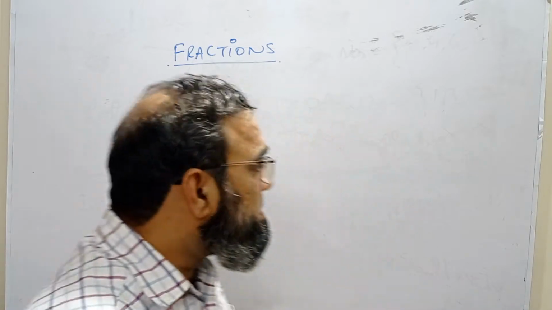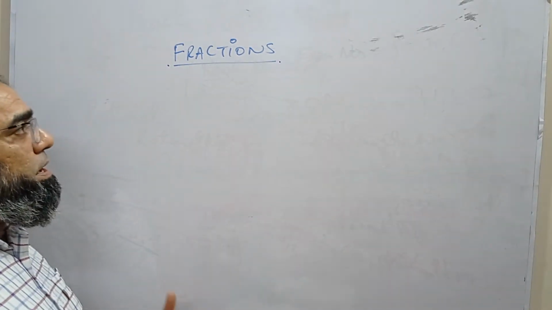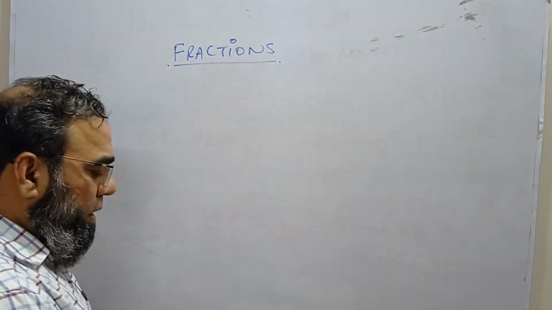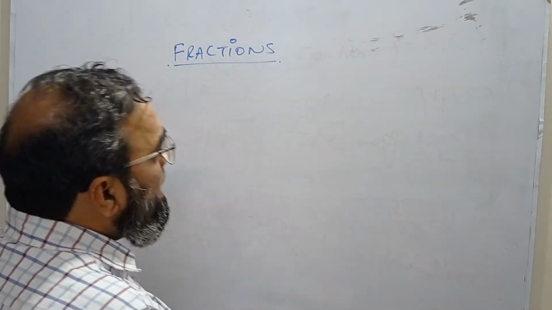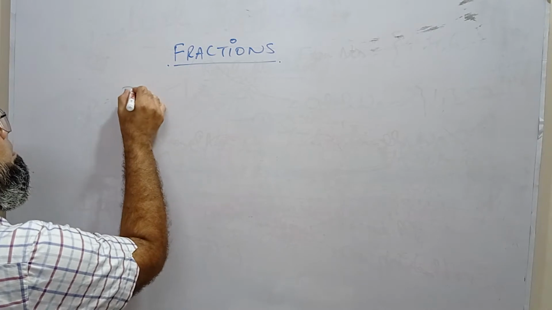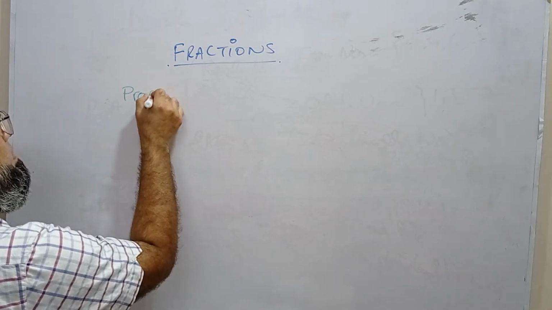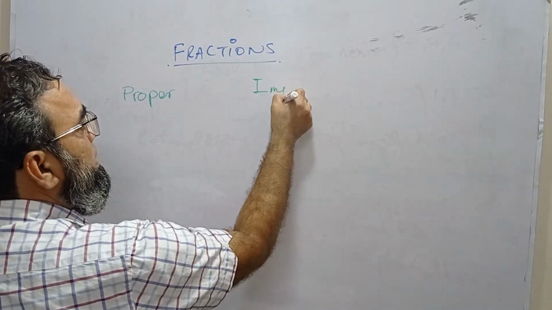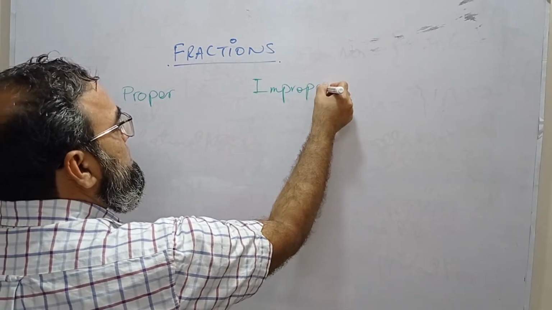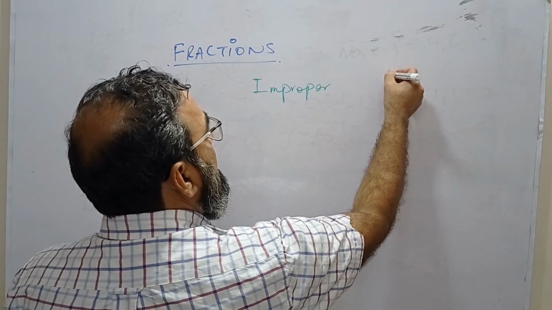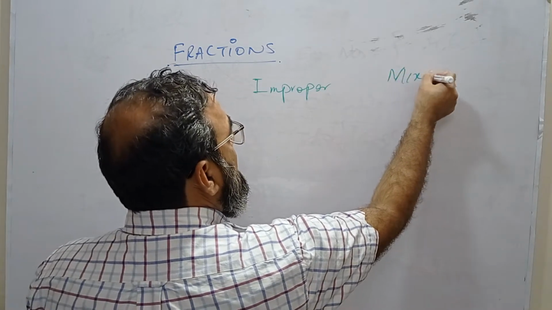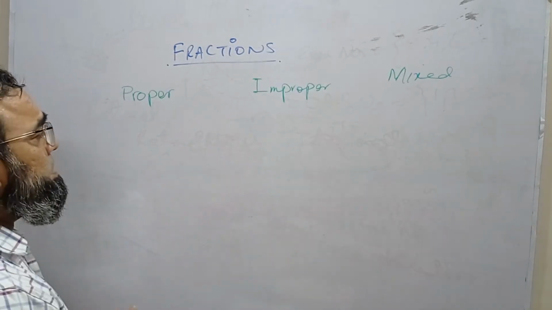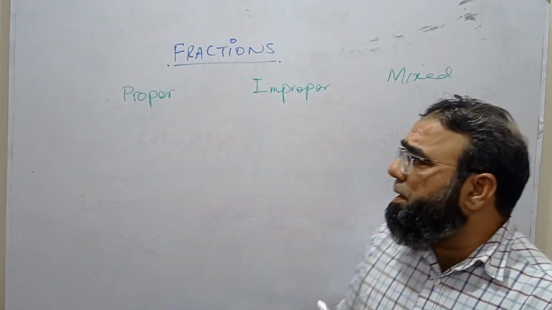So fractions are basically numbers, but they are not exact whole numbers. A fraction can be a proper fraction, an improper fraction, or a mixed fraction. These are the first three types of fractions that we normally teach to our students, okay?